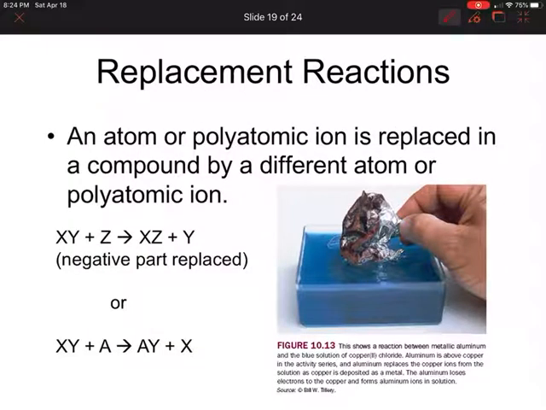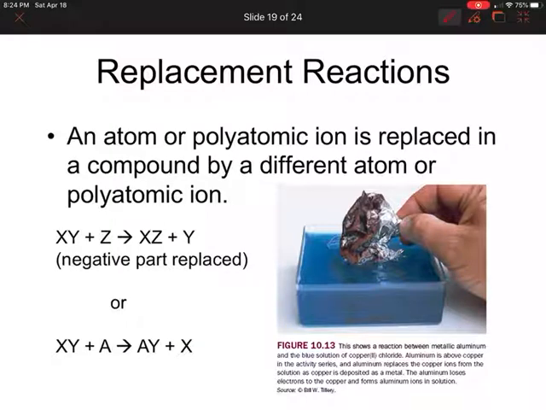A replacement reaction. So here you've got, it says an atom or a polyatomic ion, like in table 9.3, is replaced in a compound by a different atom. So this is just showing you, like, if you took aluminum and this blue solution of copper, and you put the aluminum, it says that the aluminum is above the copper in the activity series, which is a table inside your book, and it's not going to give it to you on this PowerPoint.